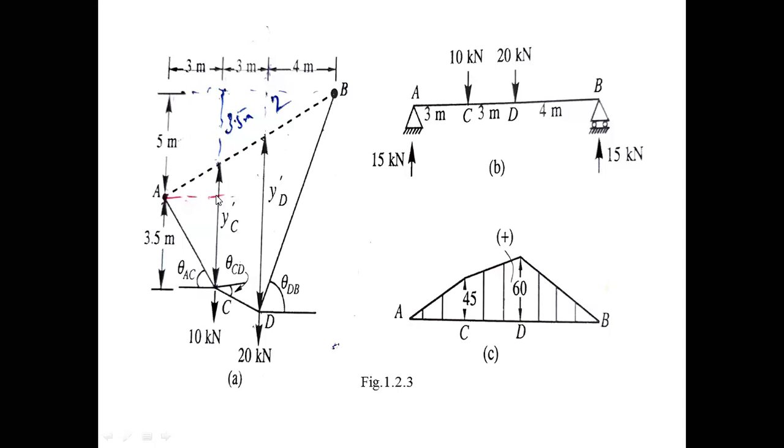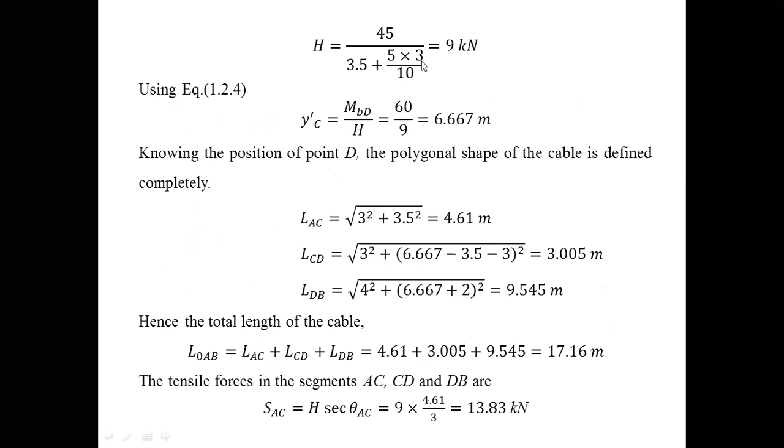We have a small triangle, and you know the horizontal distance is 3 meters. Let us use these two similar triangle concepts and find C dash. This A dash C dash amount will be calculated as 5 by 10 into 3.